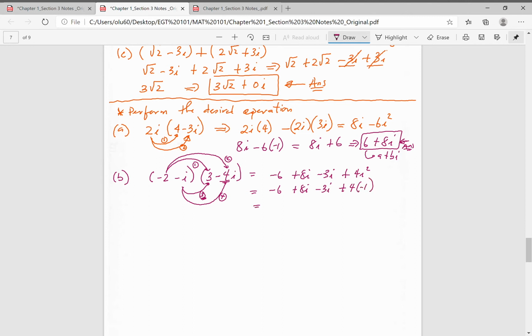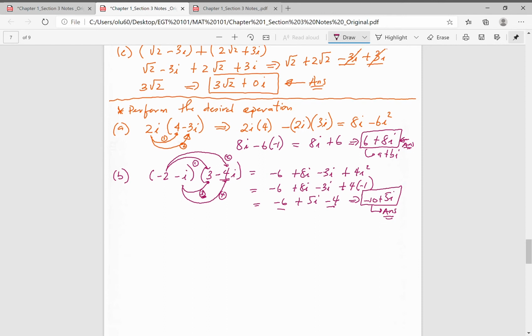And we're going to get negative 6 plus 5i, and that's going to be negative 4. Okay, so now we can take it a step further and say these are the real numbers, negative 4 and negative 6. That's going to be negative 10 plus 5i. That's going to be your answer.